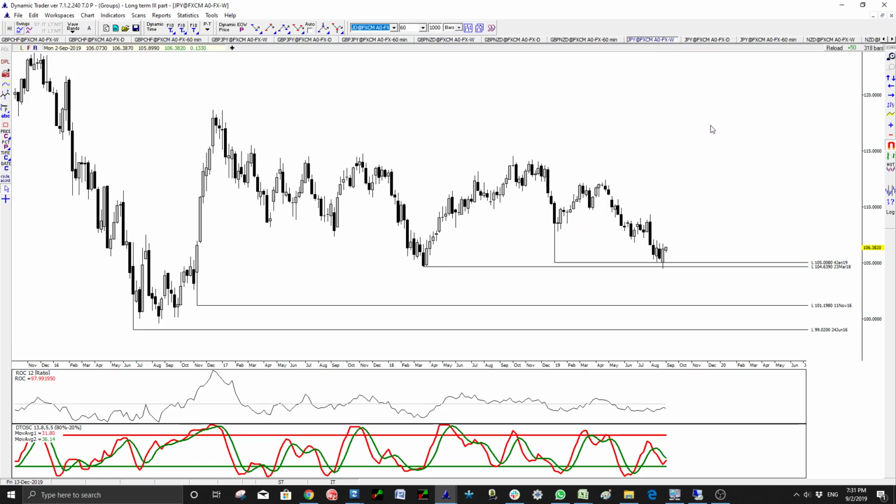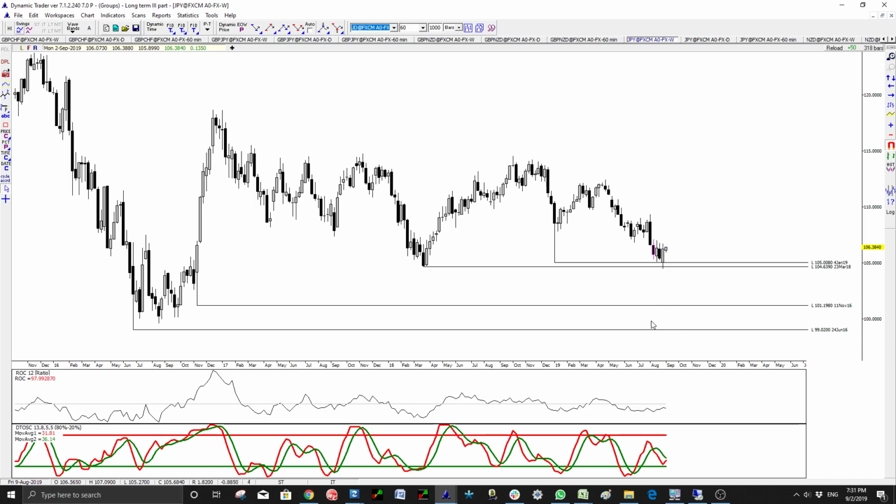Dollar Japanese yen, really influenced by the US China trade war. Basically the market went and took out this low here, which I think would offer good support. In case this breaks down, then the new support, I would think, is 101.19 or 99.